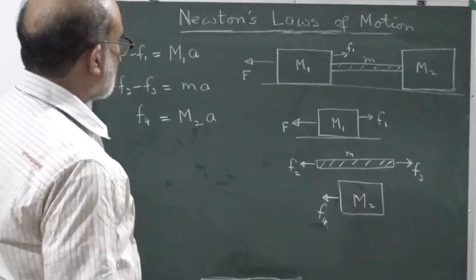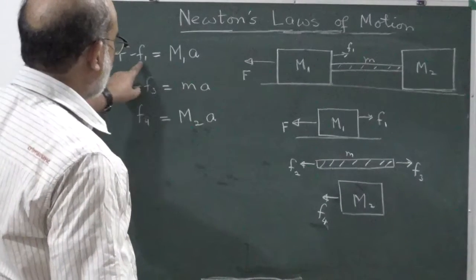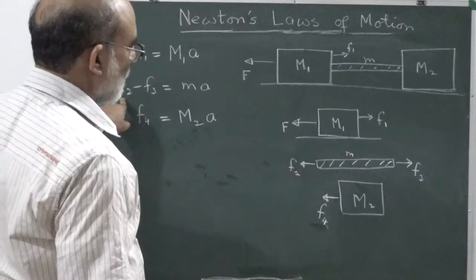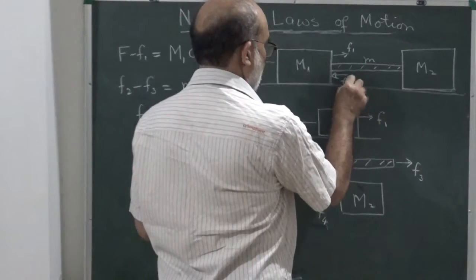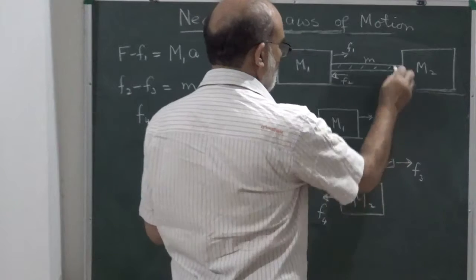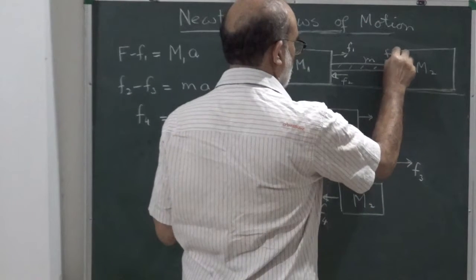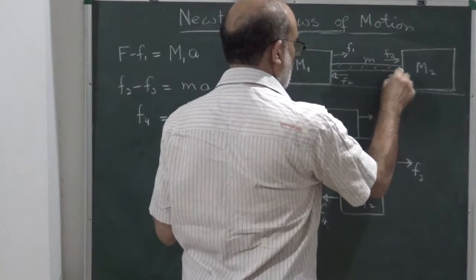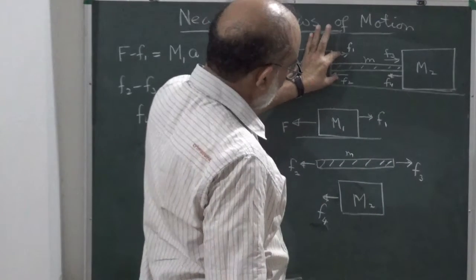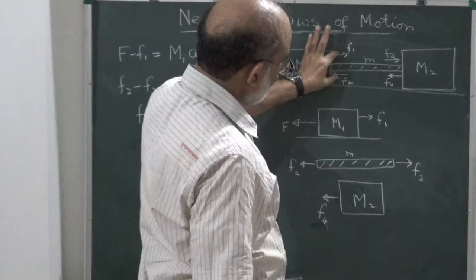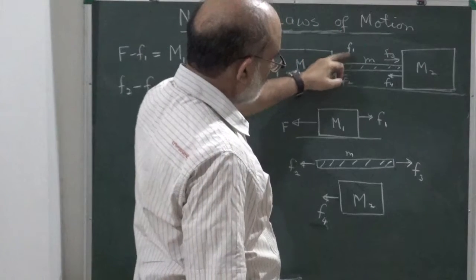Now, according to Newton's third law, F1 must be equal to F2. If F1 is on the block and F2 is on the rope, these are a pair of action and reaction, so F1 and F2 must be the same.